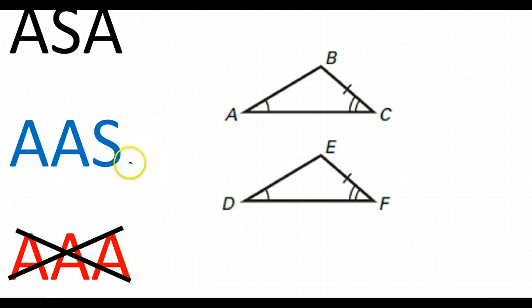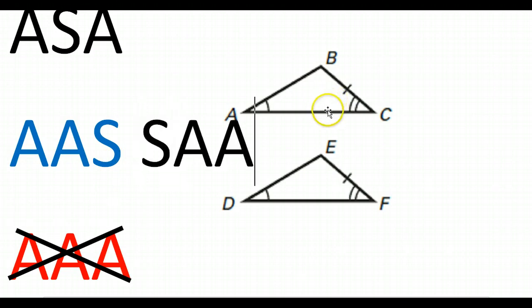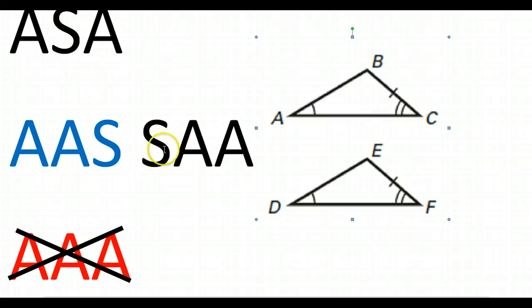Now look, if I rearrange these letters the other way around, just to make a point here, if I wrote these letters the other way, that would make side, angle, angle. Okay, but please understand that this would not be a new postulate. These would mean exactly the same thing. Either one of these two would mean two angles and a side that's not between them.